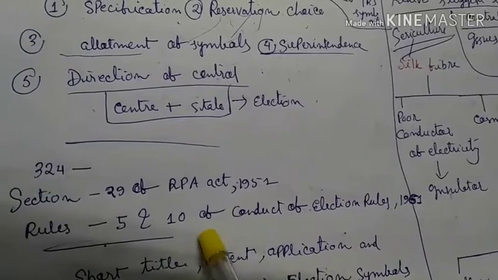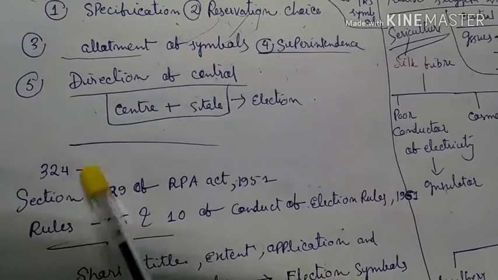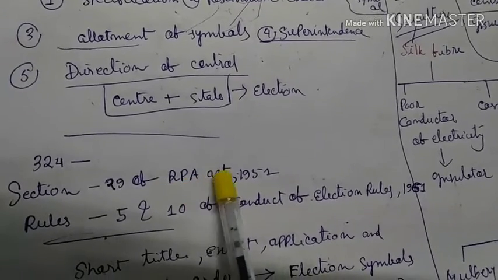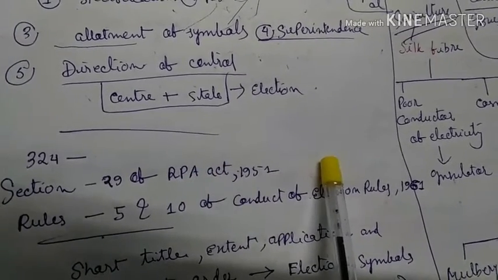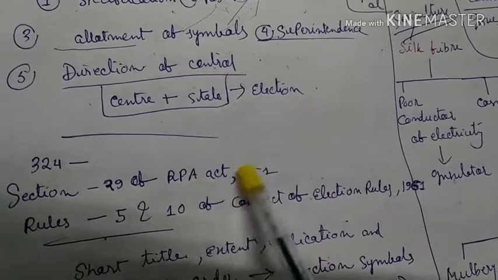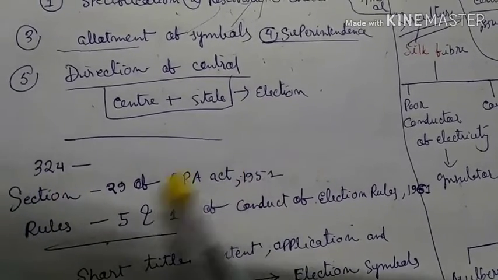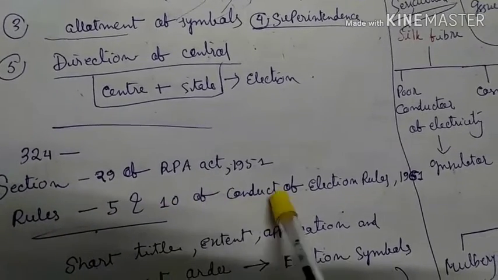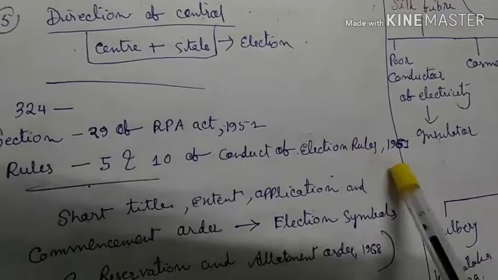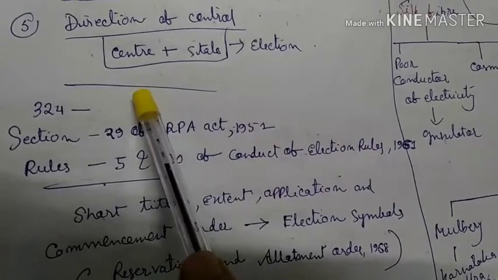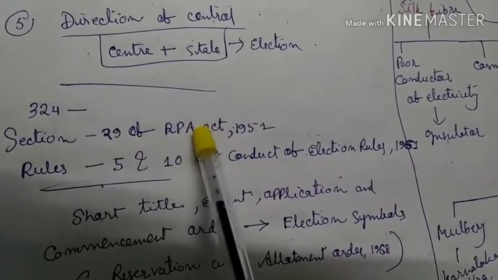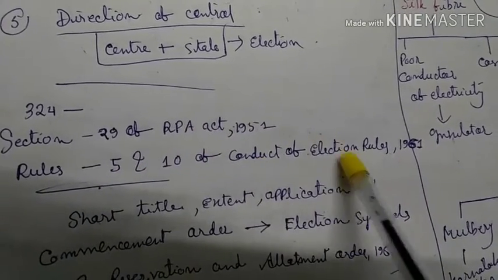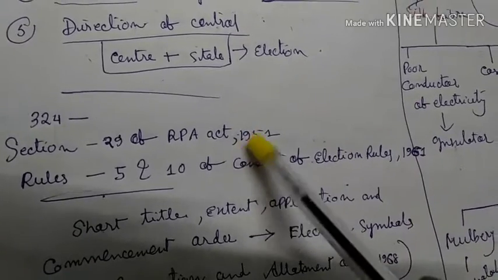Now while coming to the symbol: Article 324 and Section 29 of the Representation of the People Act 1951. Under this provision, Election Commission issued Rules 5 and 10 of the Conduct of Election Rules 1961. Means Article 324, Section 29 of the Representation of the People Act 1951, and Rules 5 and 10 of the Conduct of Election Rules 1961.